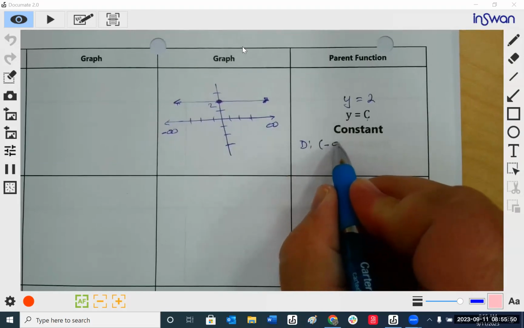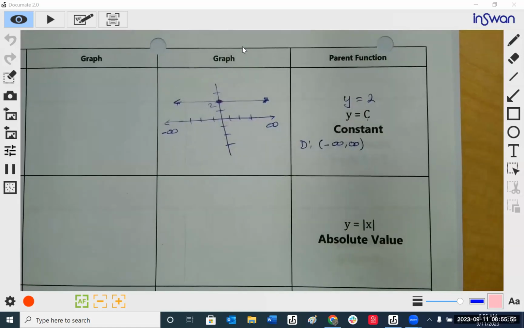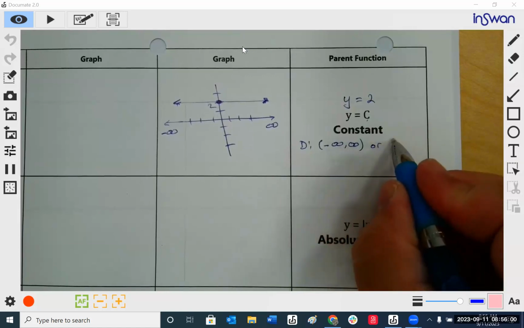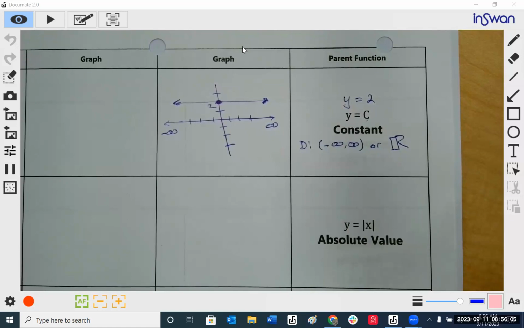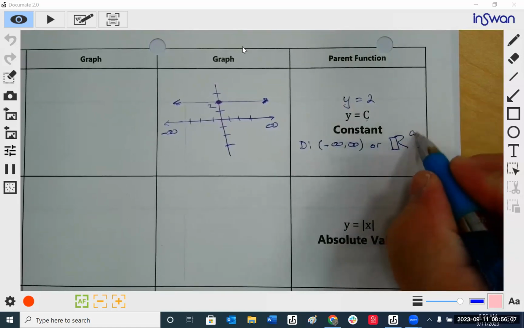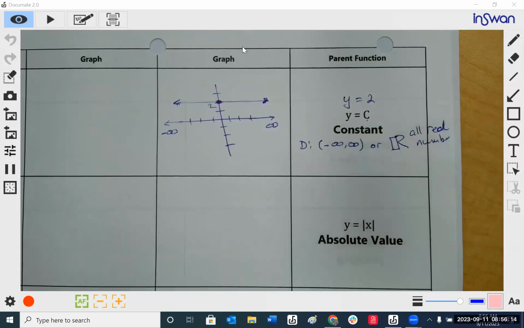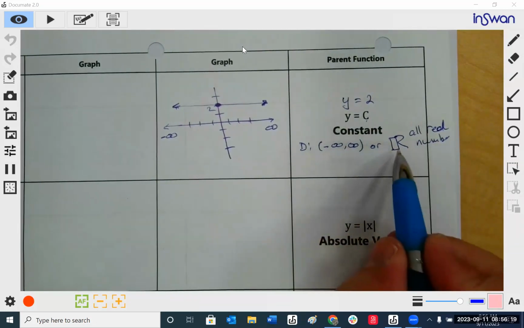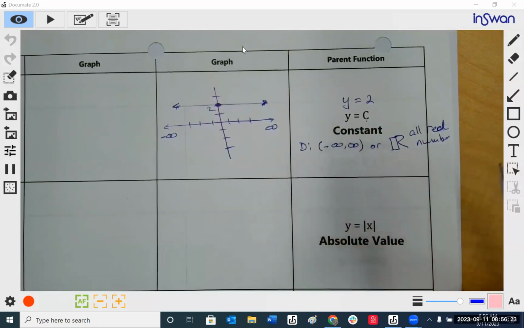So it goes from negative infinity to positive infinity. Or instead of writing that, we can just write this little symbol here. That symbol stands for all real numbers. So they're synonymous. That R looks like a realtor sign, means any number from negative infinity to positive infinity, all real numbers.